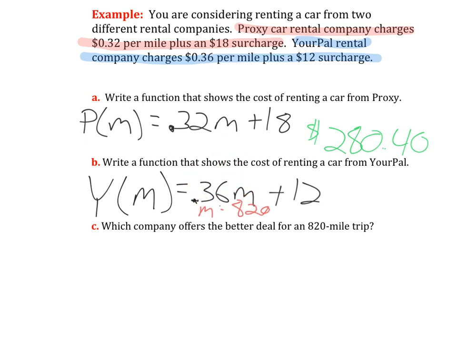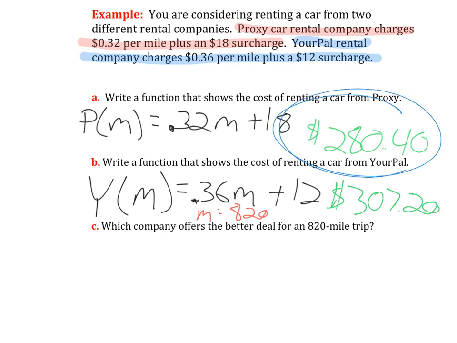If I did the same thing here, if I plugged in 820 for m on the Your Pal deal, that would be 0.36 times 820 plus 12. That would be $307.20. So clearly, Proxy is going to be our better deal for 820 miles.